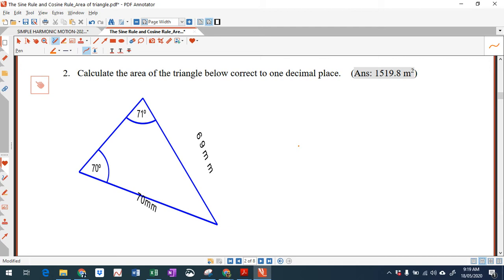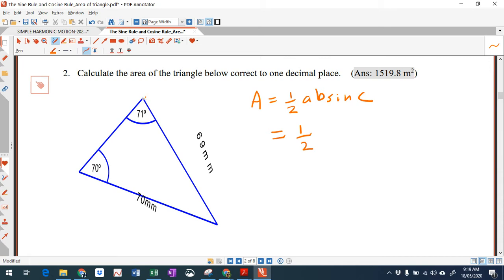Now for this triangle, we can do the same thing. We're going to write down the formula. Area equals a half AB sine C. Something happened to these labels here, not sure. Half. Now remember, you need two sides.